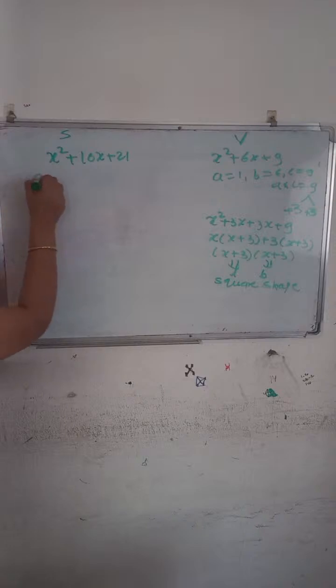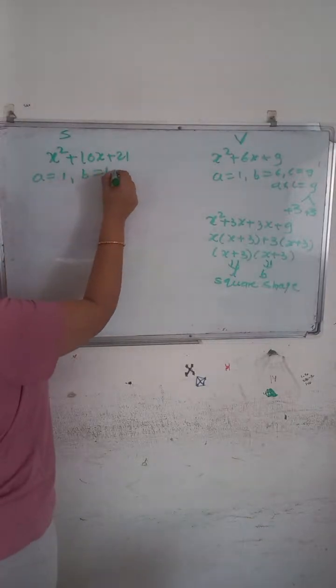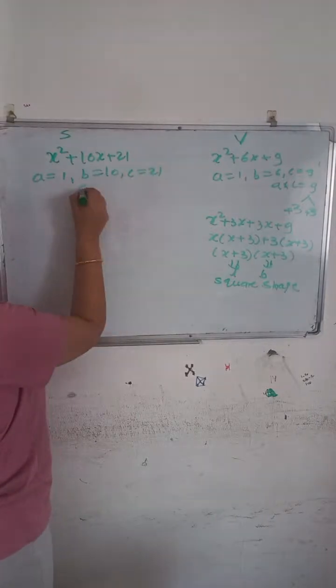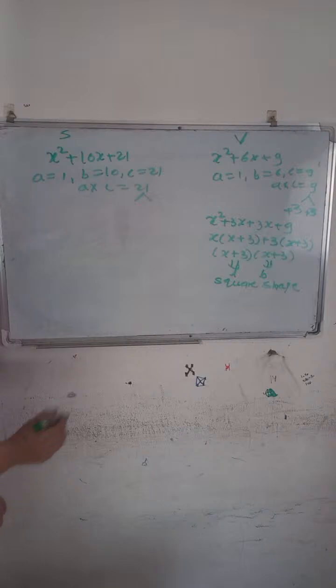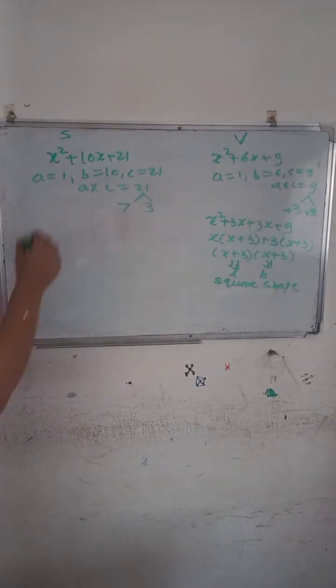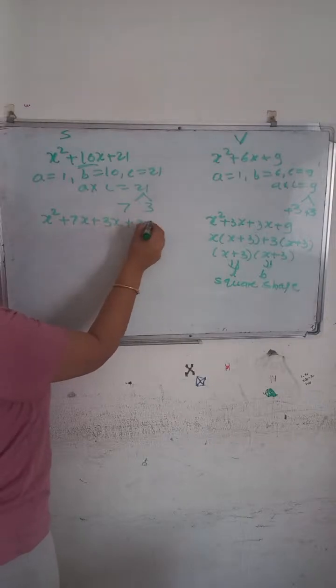So now we can do this again, compare with the standard equation ax square plus bx plus c. So a is 1, b is 10 and c is 21. So a into c is 21. So 21 we have to split. 7 threes are 21, and 7 plus 3 is 10. So we can write x square plus 7x plus 3x plus 21.